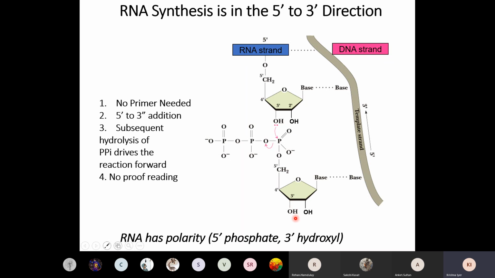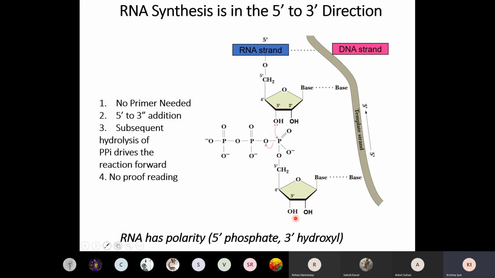Okay. Now, as I said last time, when we discussed, this RNA polymerase has got no proofreading capacity. So if it does make a mistake, it stays as is. But it has got no grave consequences, because this RNA, after being translated to proteins for a certain time, will be degraded, and this mistake of the RNA will be reflected in a few protein molecules which are made incorrectly, but these are not heritable traits.